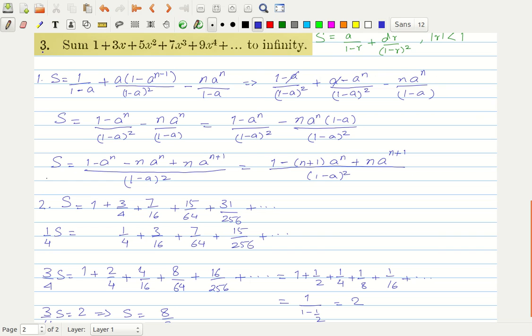Now let us look at the last problem, which is problem number 3. Sum 1 plus 3x plus 5x square plus 7x cube. Now this one looks like an arithmetico-geometric progression for which we can apply the formula straight away.